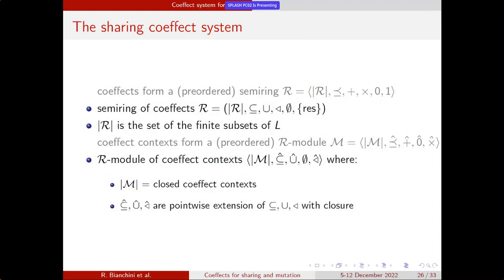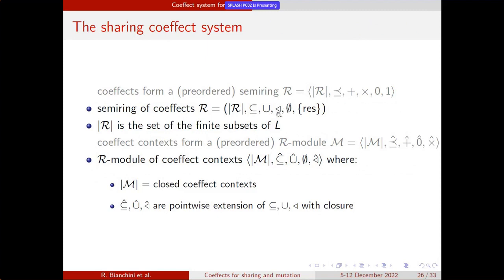So in the general literature, we have found this kind of form for our coeffects. And for our sharing coeffects, since our coeffects are sets, the subset relation works as the ordering relation between our coeffects. The union of sets works as the plus for our coeffects. And sadly, our elegance finishes here.